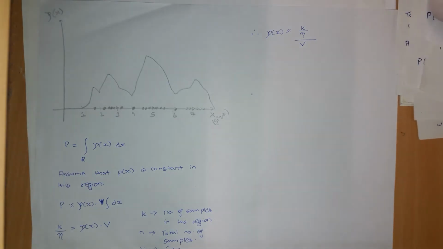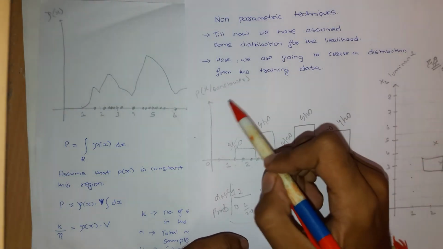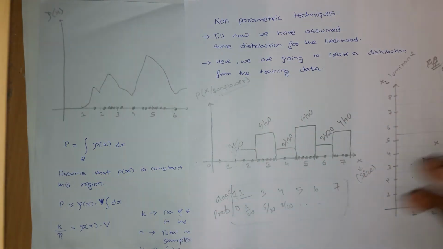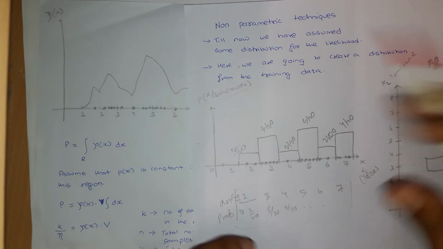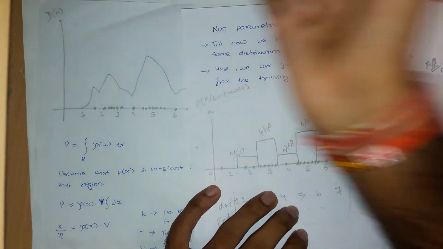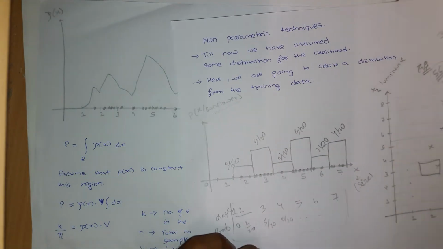So this is p of x given such. Because I'm just going to talk about one class, I'm not going to talk about other classes, I have changed my notation to just small p of x, because that is easy to write.